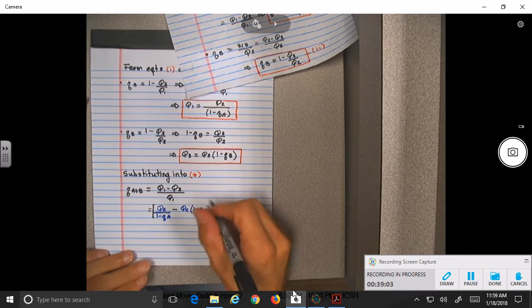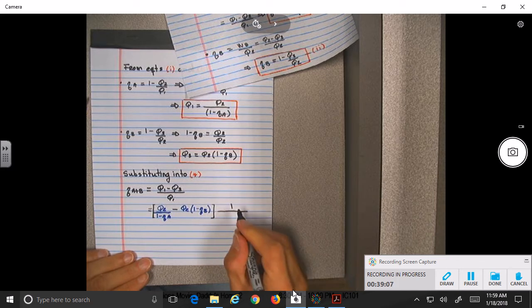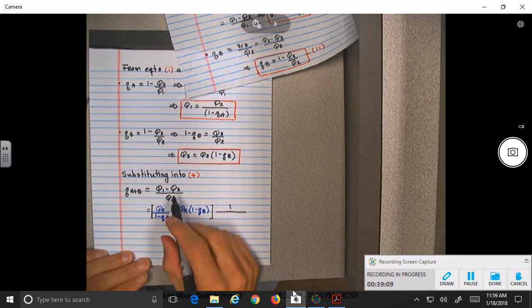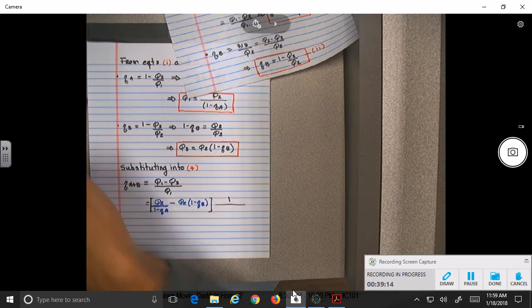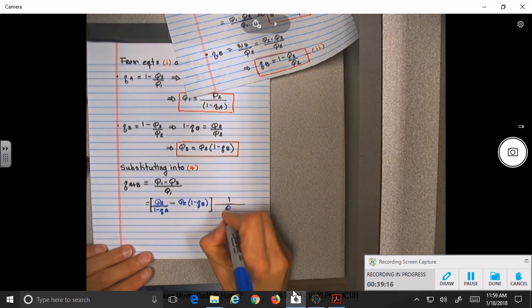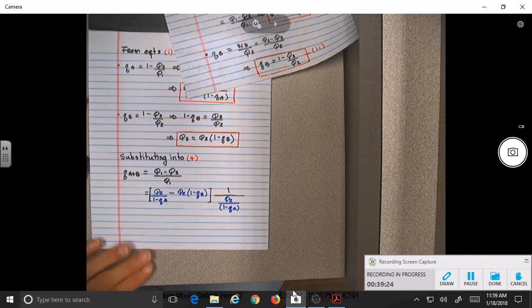Yeah, so I can just put here Q1, sorry. I can just put here, this will be 1 divided by Q2 divided by 1 minus the efficiency of A. Correct me if you see something wrong, okay?